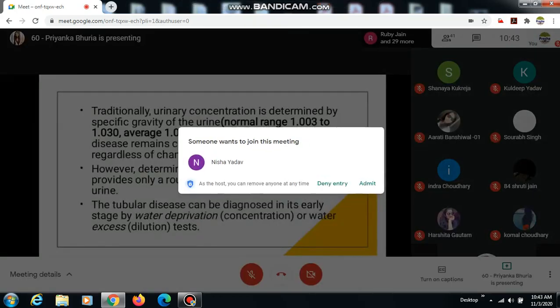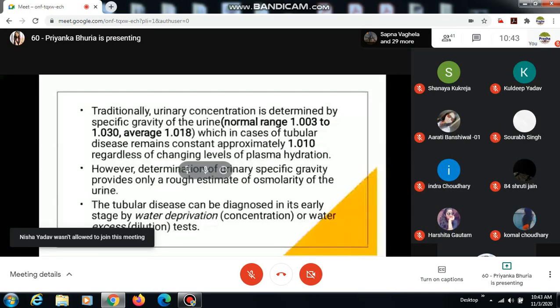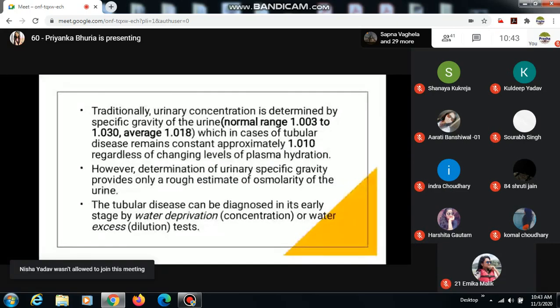However, determination of urinary specific gravity provides only a rough estimate of the osmolarity of the urine. A tubular disease can be diagnosed in its early stage by water deprivation, that is the water concentration test, or water excess, that is the water dilution test.